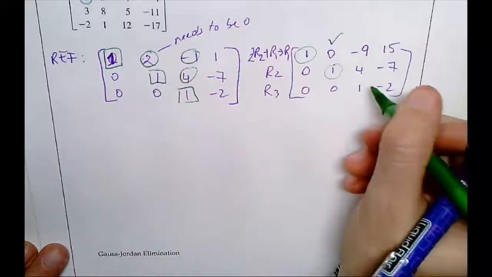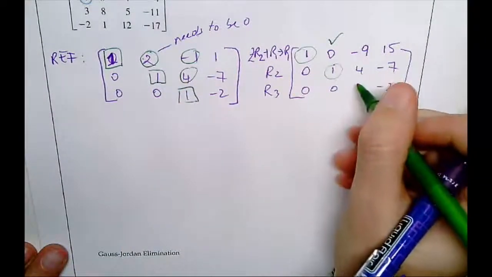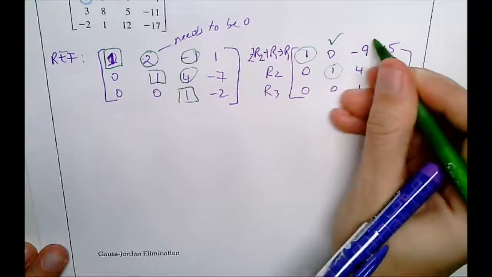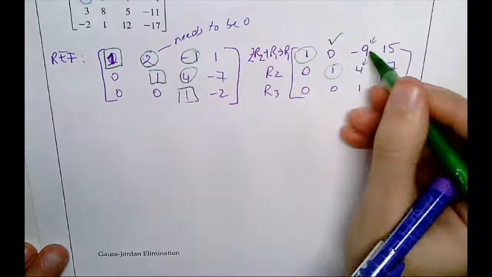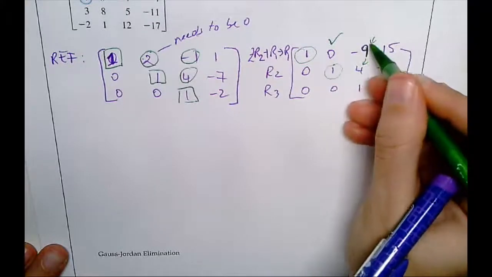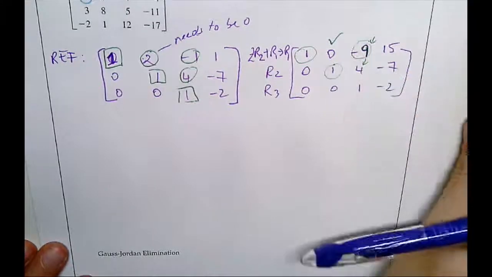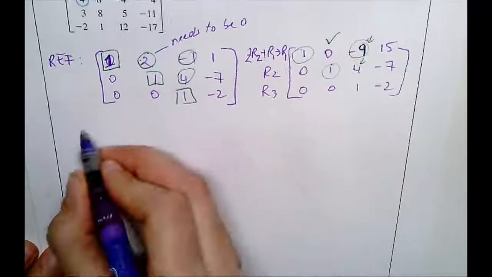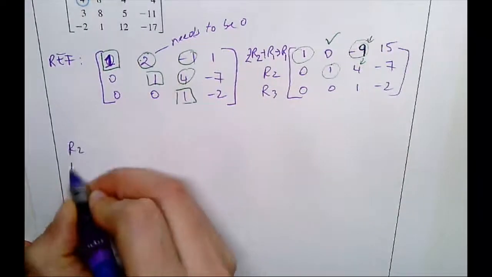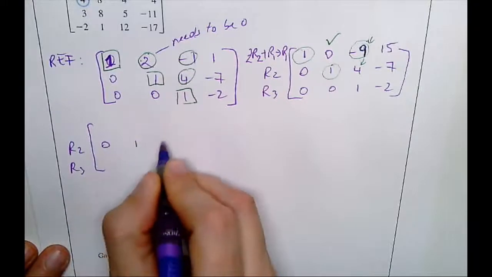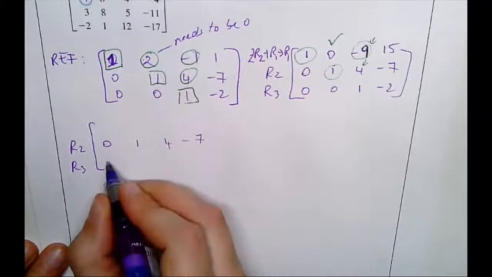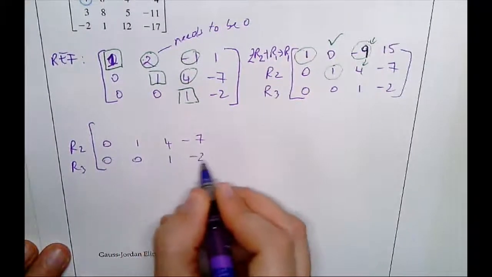Now to make this in row reduced echelon form, this needs to be a 0 and this needs to be a 0. So let's make this a 0. I'm changing row 1 again. Row 2 and row 3 stay the same: 0, 1, 4, negative 7, 0, 0, 1, negative 2.